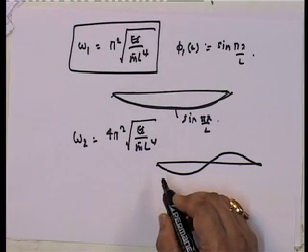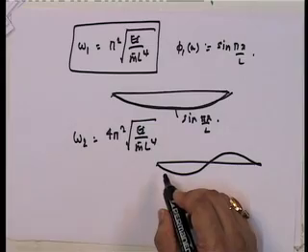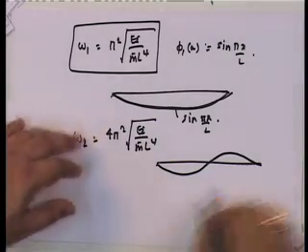In this way, we can find out the rest. I am not going into the next one; it is 9 pi squared and it will have 3.